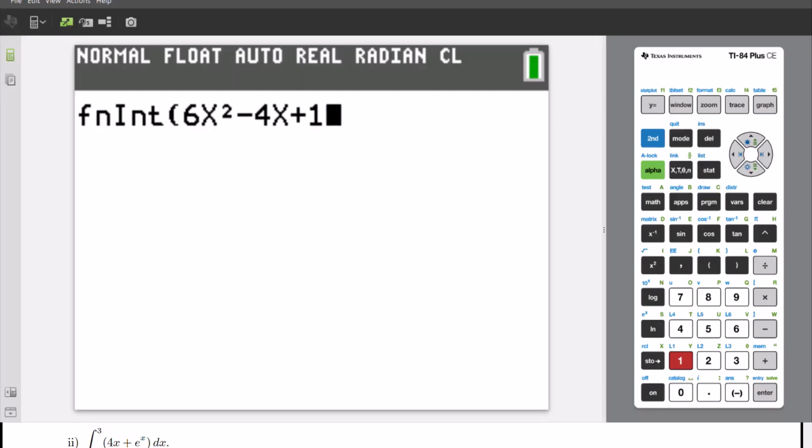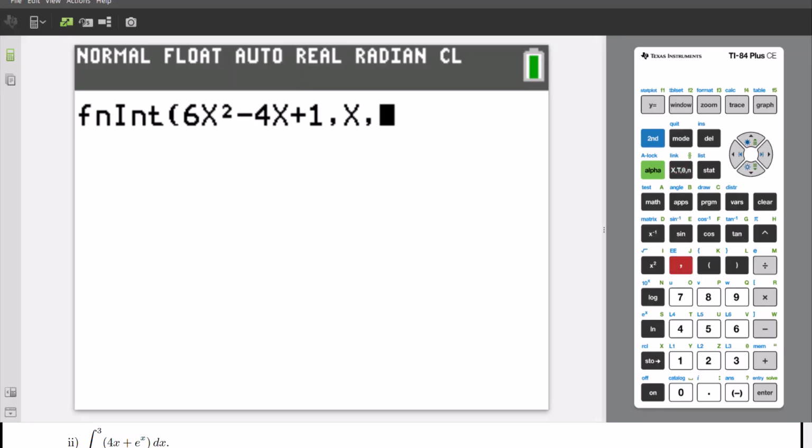Then you're going to use the little comma to add extra inputs. So the comma is the key directly above 7. Click that key, and what you're going to tell the calculator next is the variable you used on the first part. So I used 6x squared minus 4x plus 1. I used the variable x, so I'm going to tell the calculator I used x.